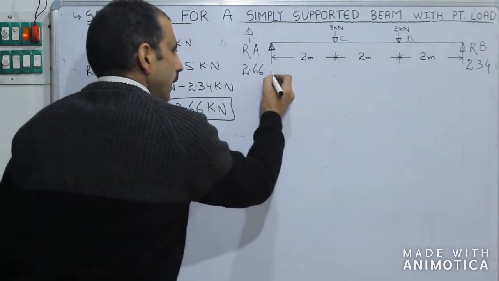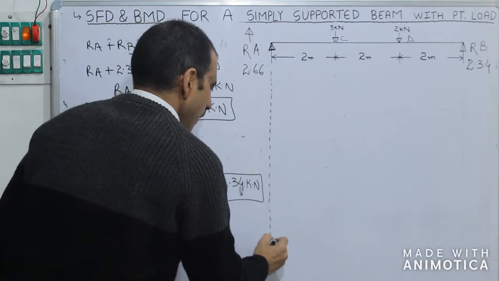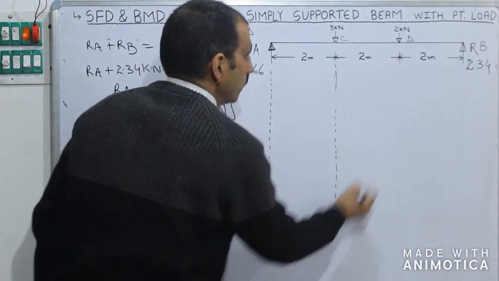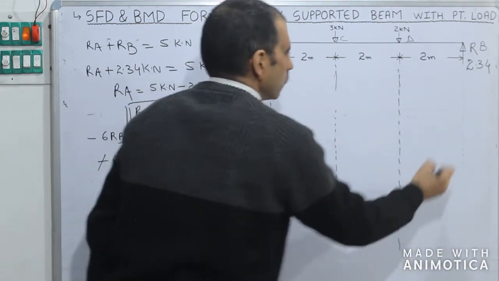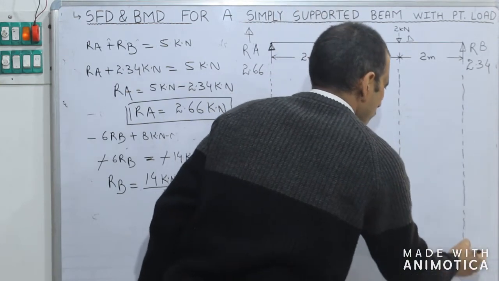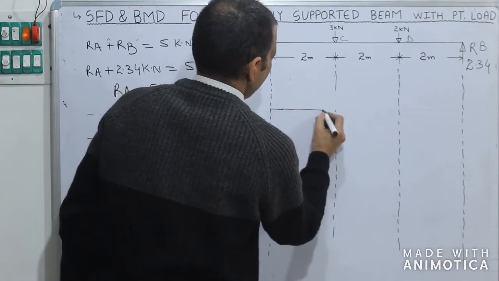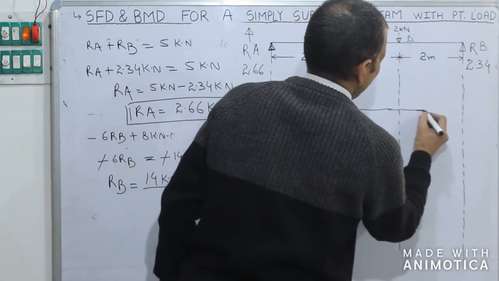I will draw the projection lines downwards from the point of application of loads and at the ends of the beam. After that, I will draw a line known as reference line or neutral axis.